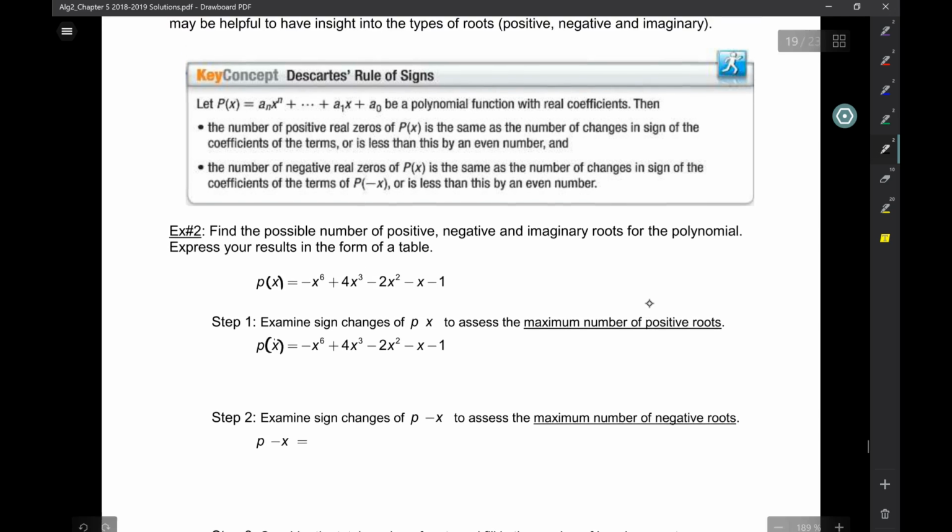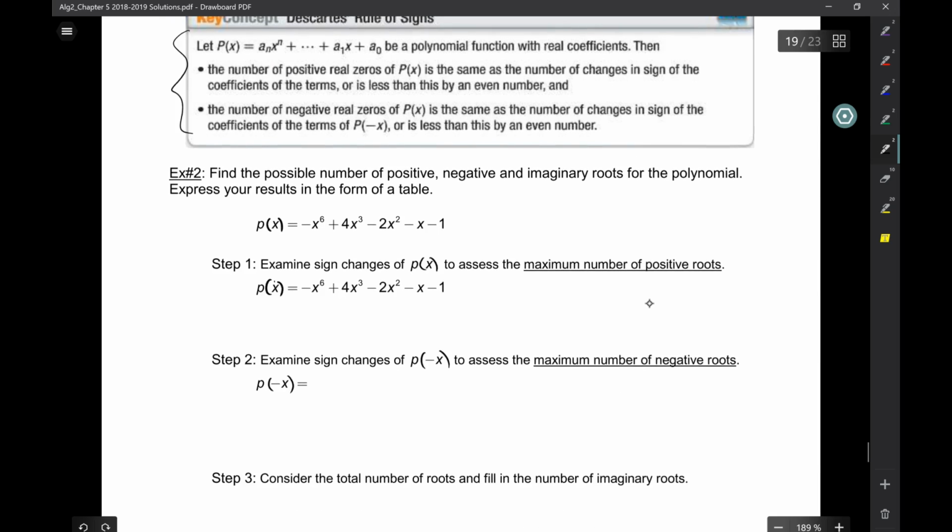But here, in example 2, I've described what it says in this box with steps. So let's just go through that. What we're going to do here is find the possible number of positive, negative, and imaginary roots, and we're going to create a table. So this is our polynomial here.